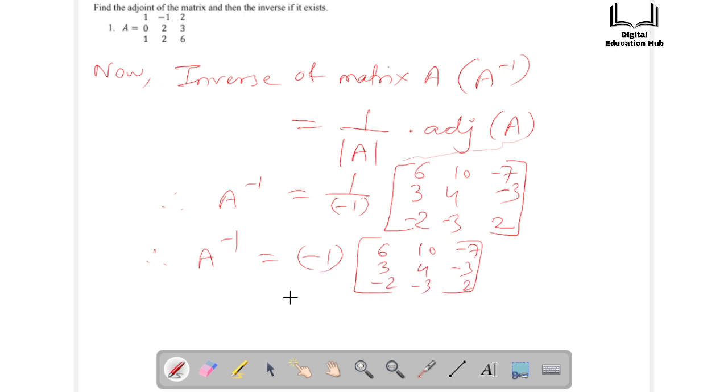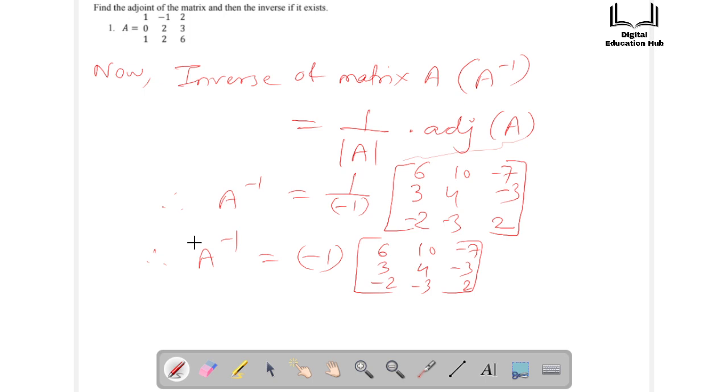You can take this minus sign inside and finally write down your answer. So this is your inverse.